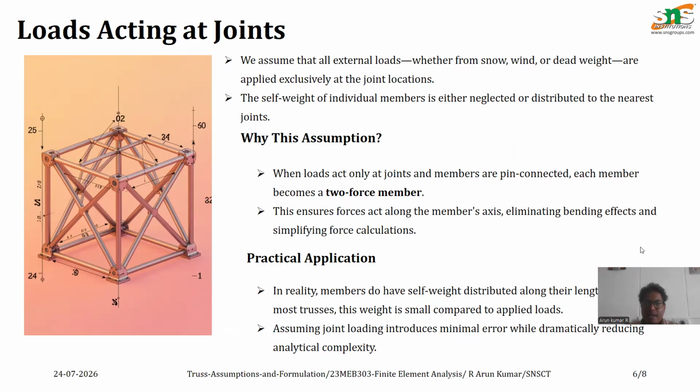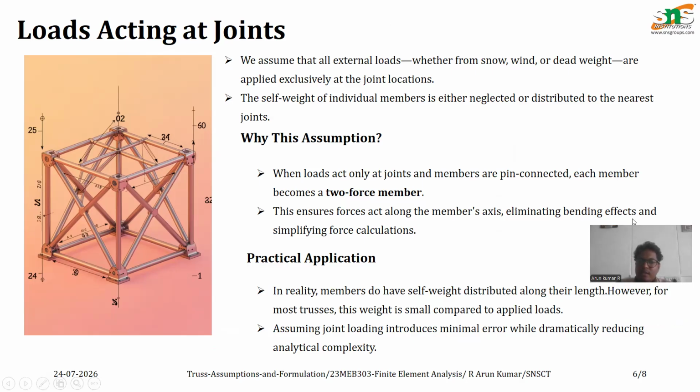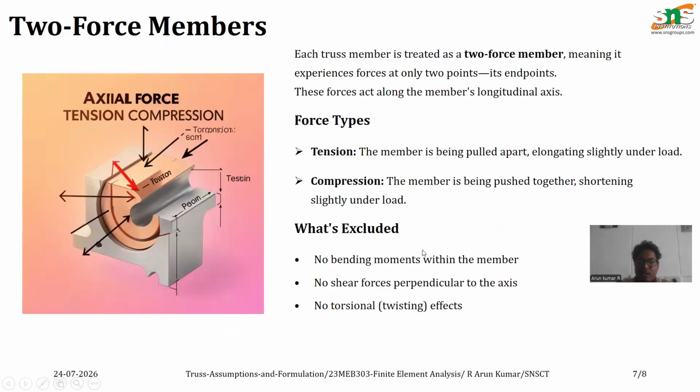In reality, the members do have a self-weight distributed along their length. However, for most trusses, this weight is small compared to the applied load. Assuming joint loading introduces minimal errors while dramatically reducing the analytical complexity.